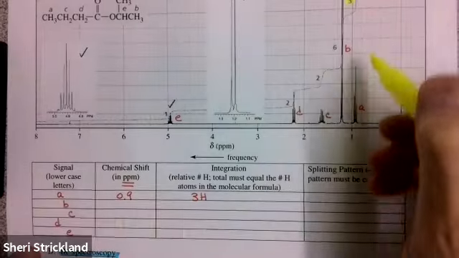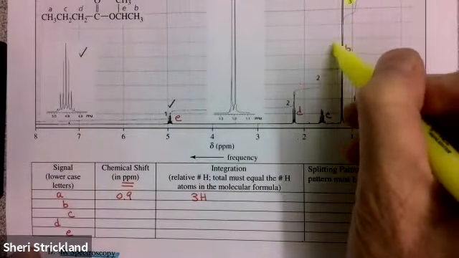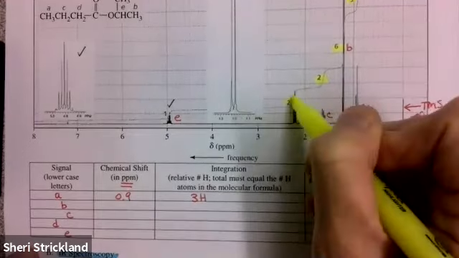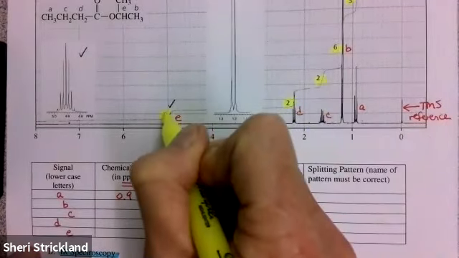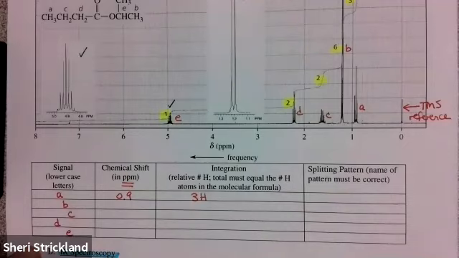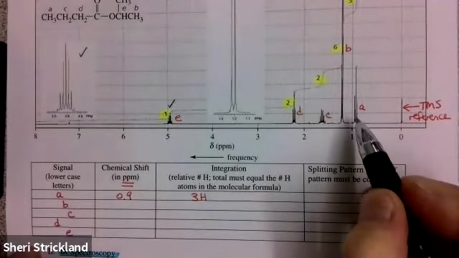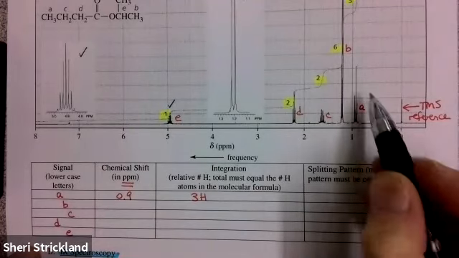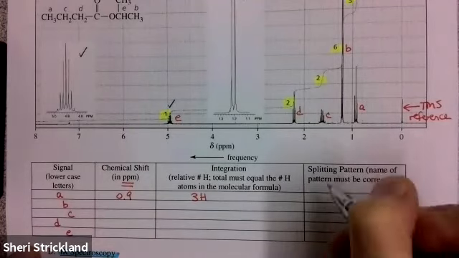So 3 for signal A, 6 for signal B, 2 for signal C, 2 for signal D, and then 1 for signal E. And the splitting pattern is connected to the number of peaks in the pattern. There are 3 here in a 1 to 2 to 1 height ratio. That makes this a triplet.